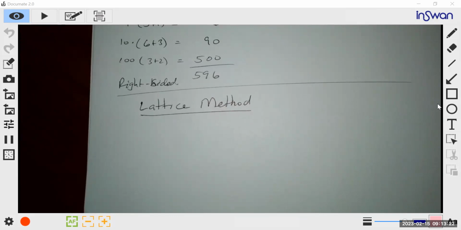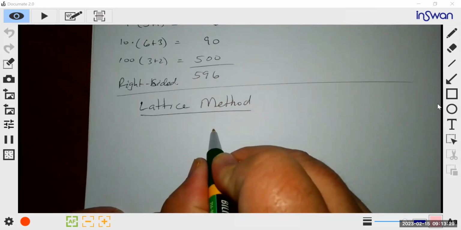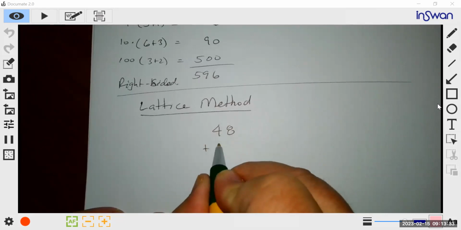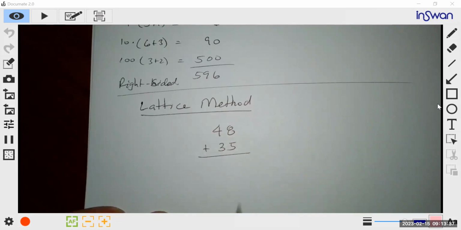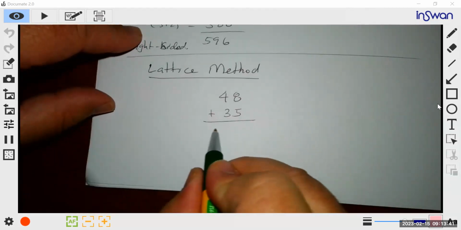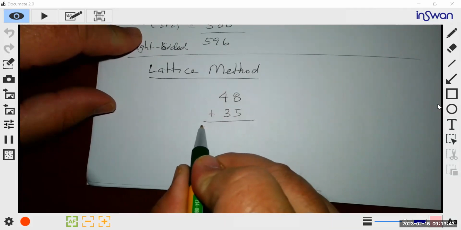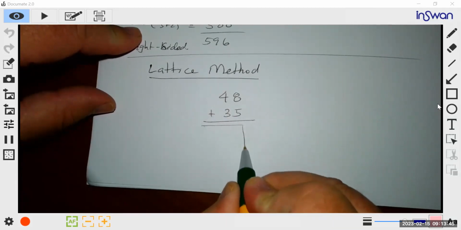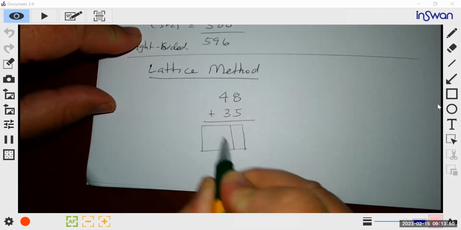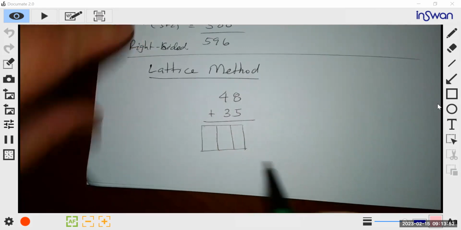Another method is called the lattice method. $48 plus 35. What you do here is on the bottom, we create a lattice work. Here's the ones, here's the tens, and there's 100.